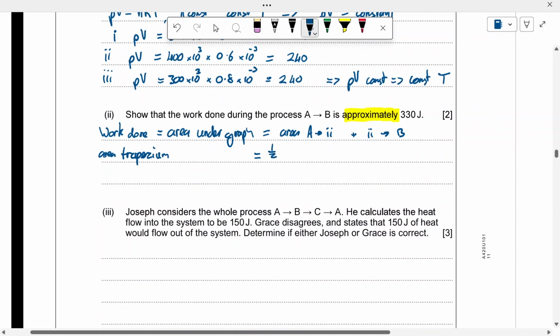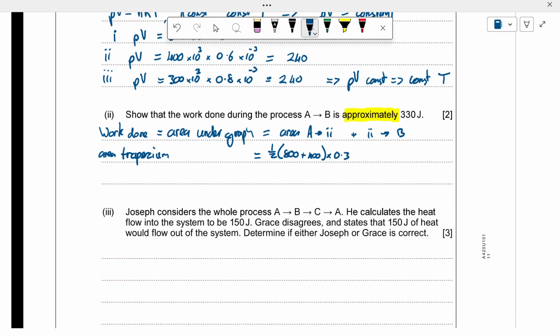So a half times 800 plus 400 multiplied by that base length of 0.3. And arguably I should be including my times 10 to the 3 and my times 10 to the minus 3, but those will cancel out.